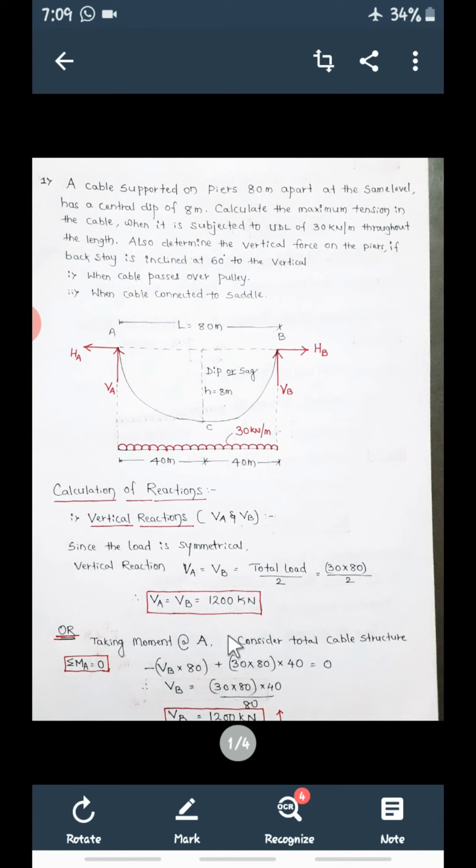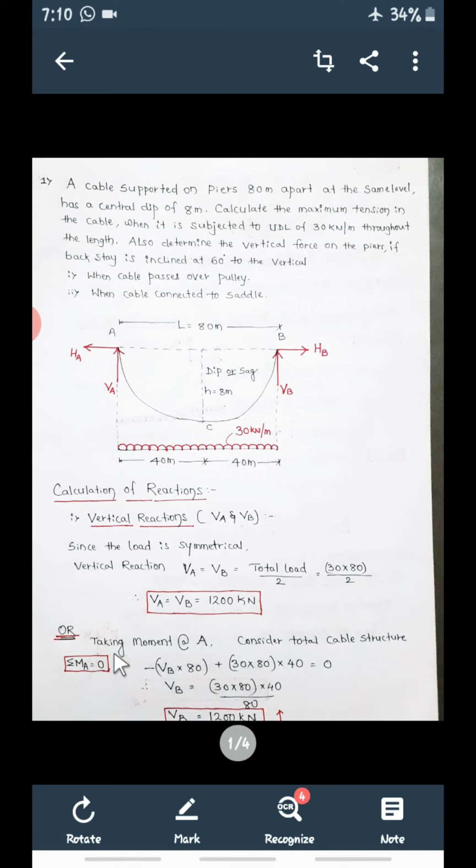Or another way is, now consider the complete cable. As usual, we are going to take moment of all the forces about any one support. Either MA is equal to 0 or MB is equal to 0, any one support, and consider the complete cable.